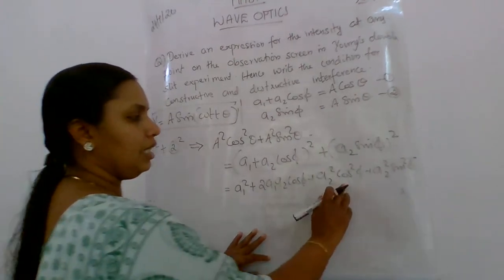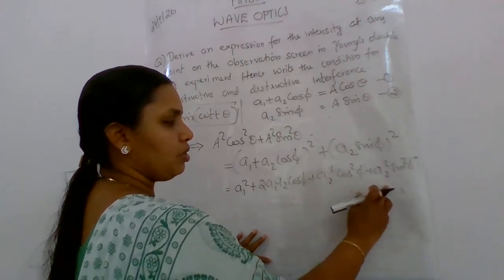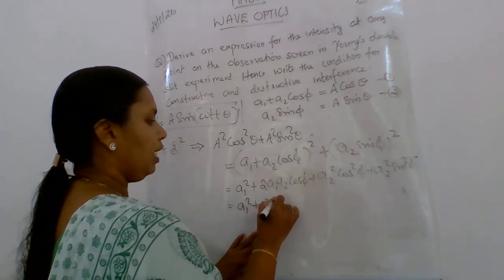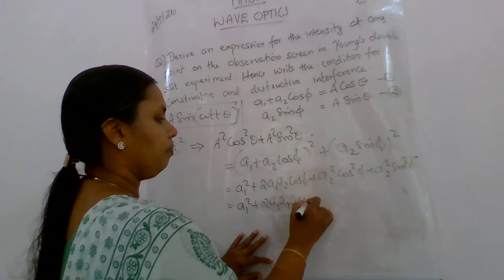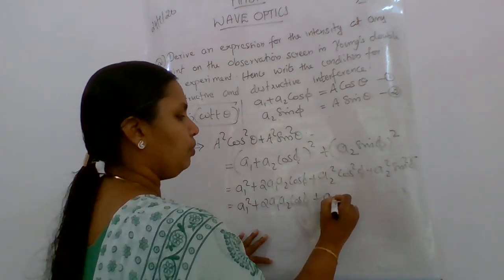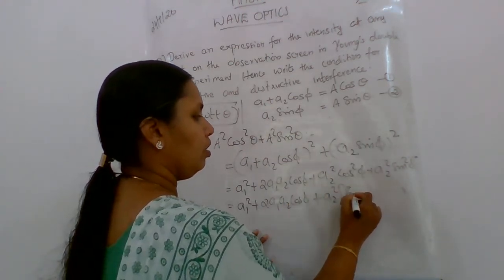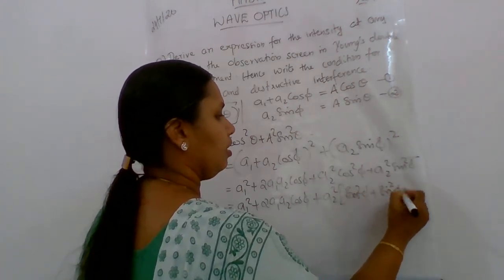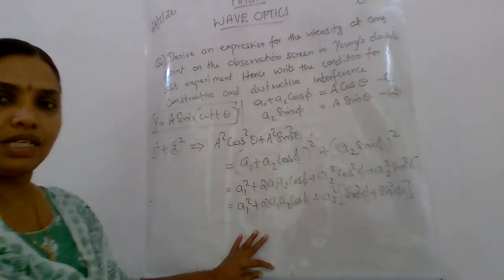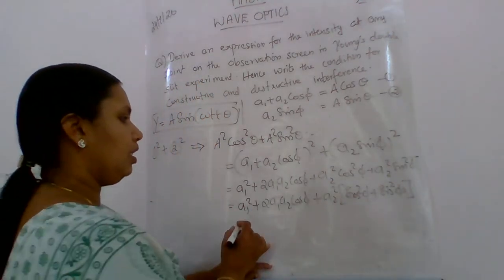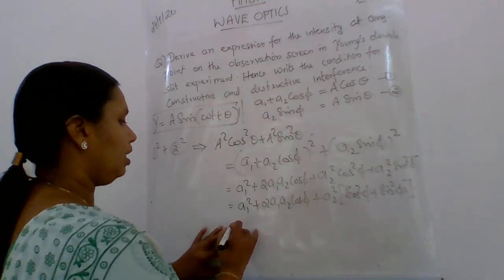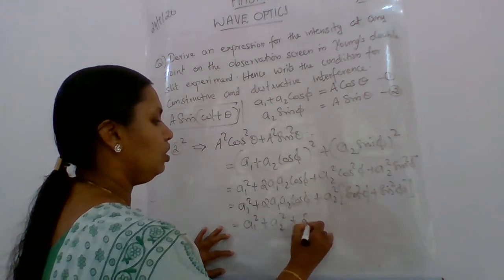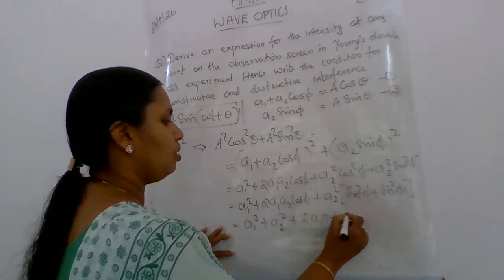Then again you can see in the last two terms, A2 square is common. So it is A1 square plus 2A1 A2 cos phi plus A2 square into cos square phi plus sin square phi. What is cos square phi plus sin square phi? It is 1. So it is A1 square plus A2 square plus 2A1 A2 cos phi.